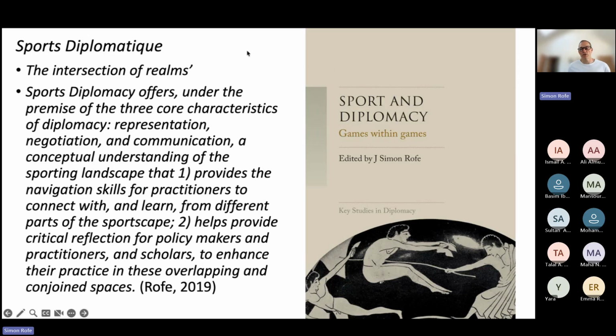So under the premise of those 3 core characteristics of representation, negotiation, and communication, sport diplomacy provides the navigation skills to connect with and learn from, and space for critical reflection from all of those different actors.